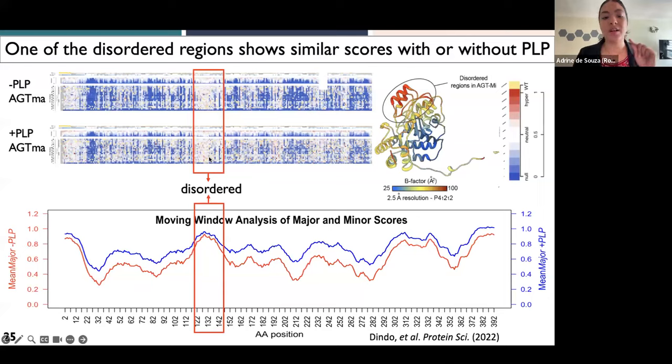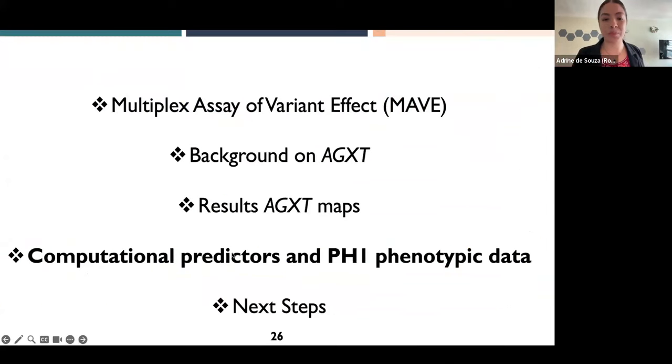And when I compare the moving window analysis between the major in red without PLP and the major scores with PLP in blue, only this disordered region has very similar scores for the two proteins. And there is an indication here that if we add back PLP, so if we add cofactor as patients have with vitamin B6 treatment, we actually get a little bit better scores.